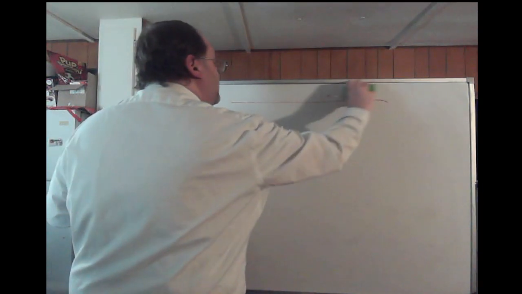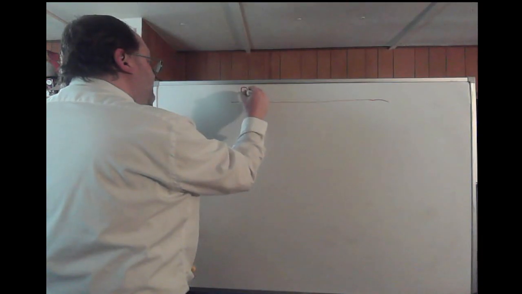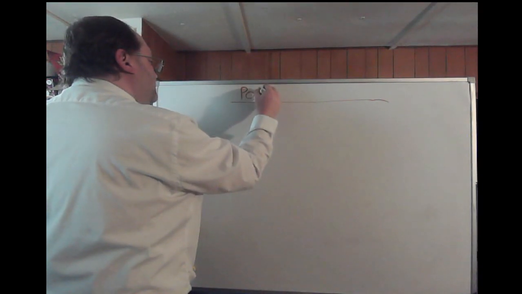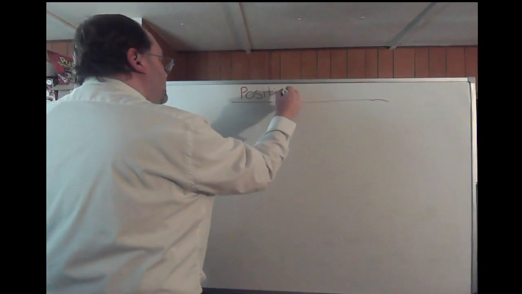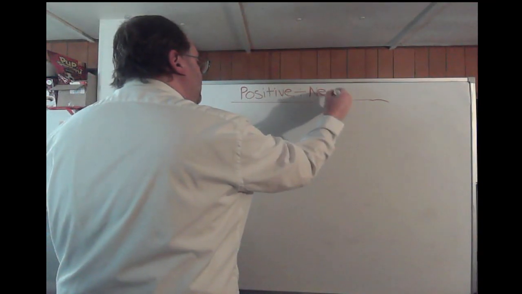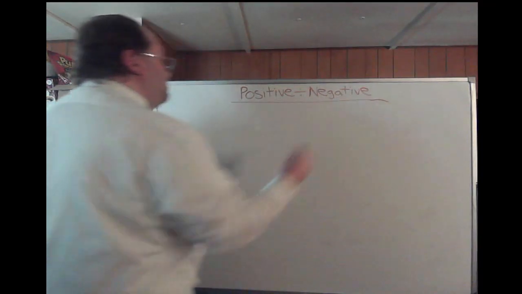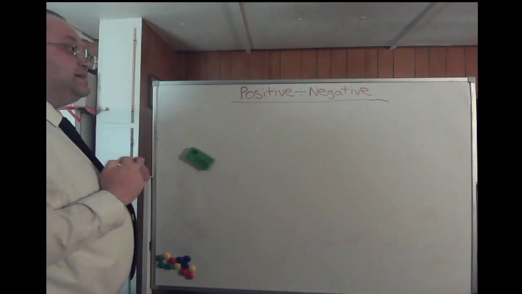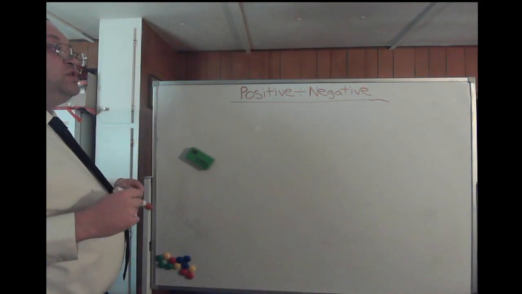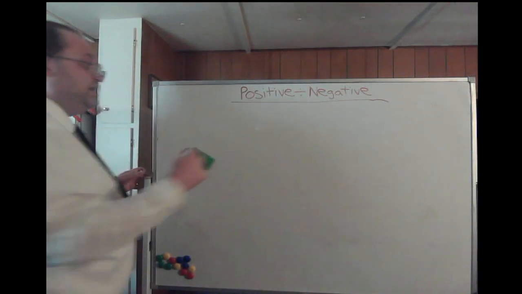Now, where it gets interesting is when you have a positive divided by a negative. What we're about to do is when you have a positive divided by a negative, or the same way, if you have a negative divided by a positive, it works the same.